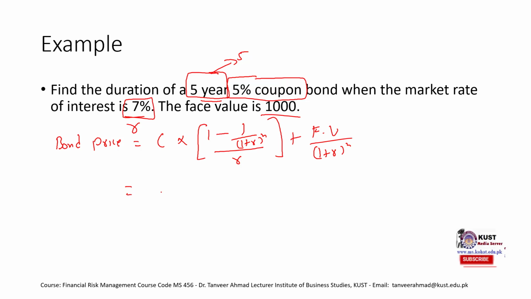So if we plug in the values, C in this case would be 50. Why? Because it is a 5% coupon bond and the face value is 1000, so 5% of 1000 would be 50 rupees.